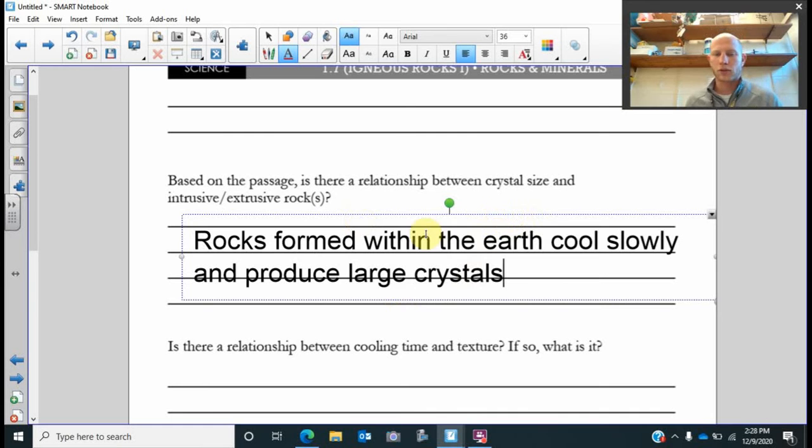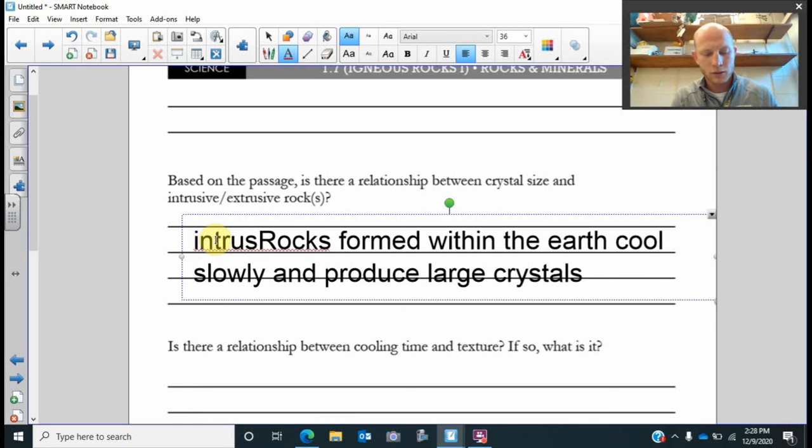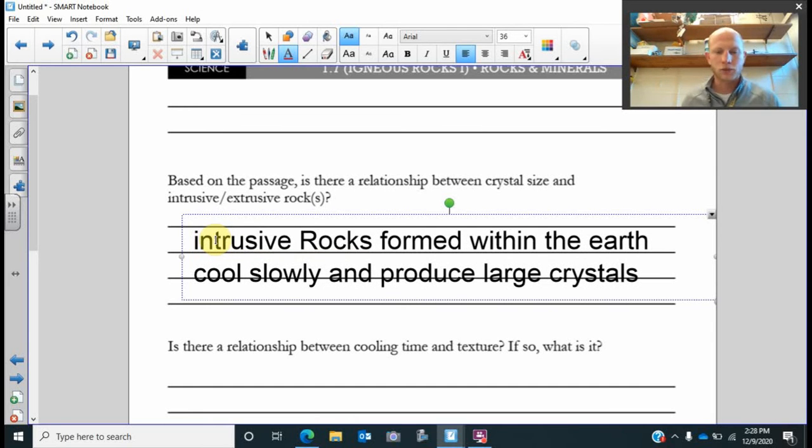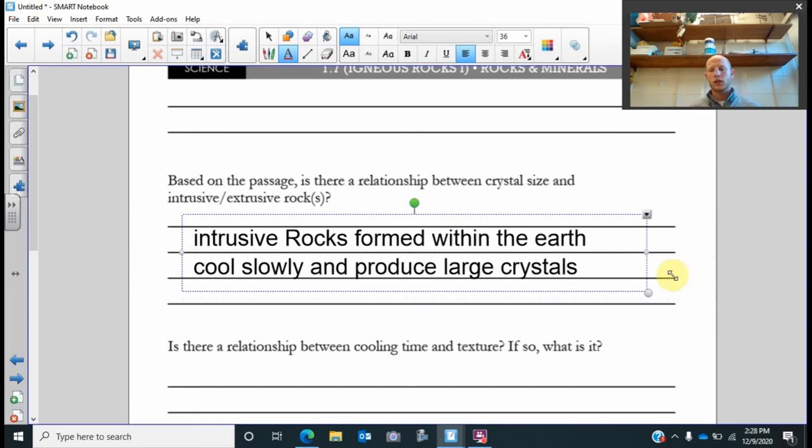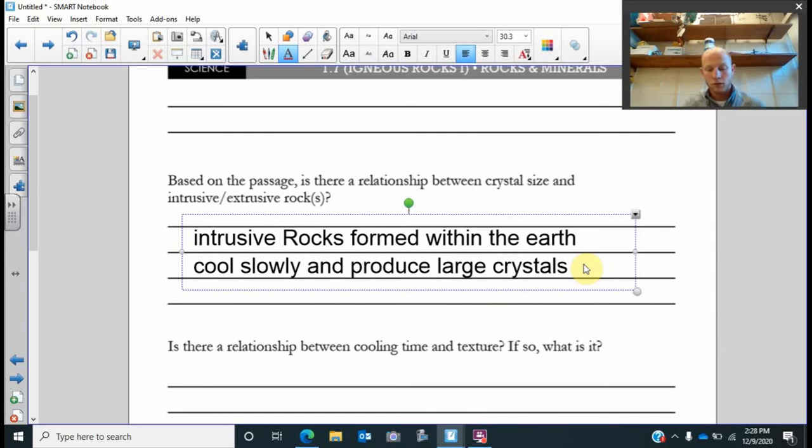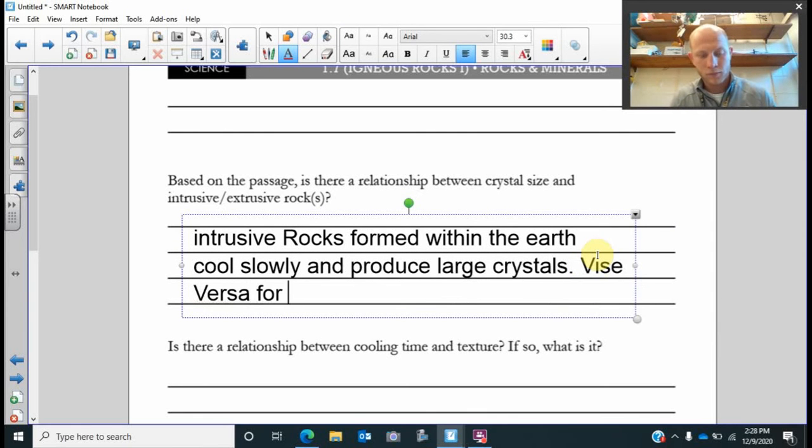So within the Earth, right? If they're within the Earth, that means they must be intrusive. Let me put that here. Intrusive rocks formed within the Earth cool slowly and produce large crystals, and then it's vice versa for extrusive.